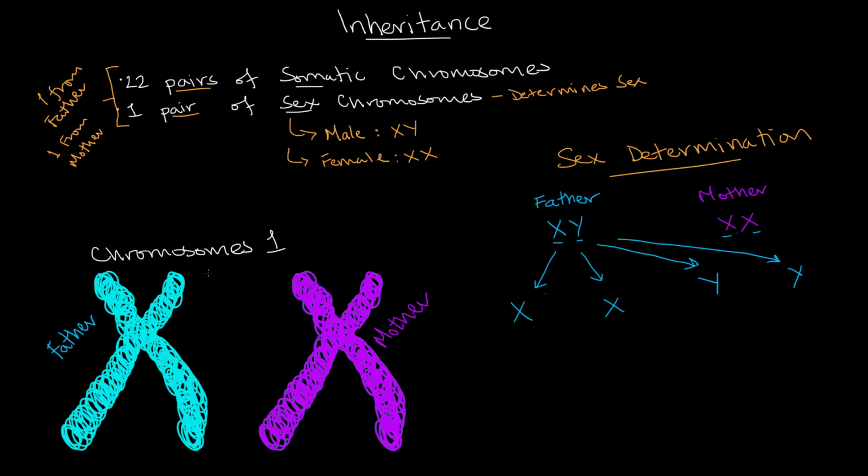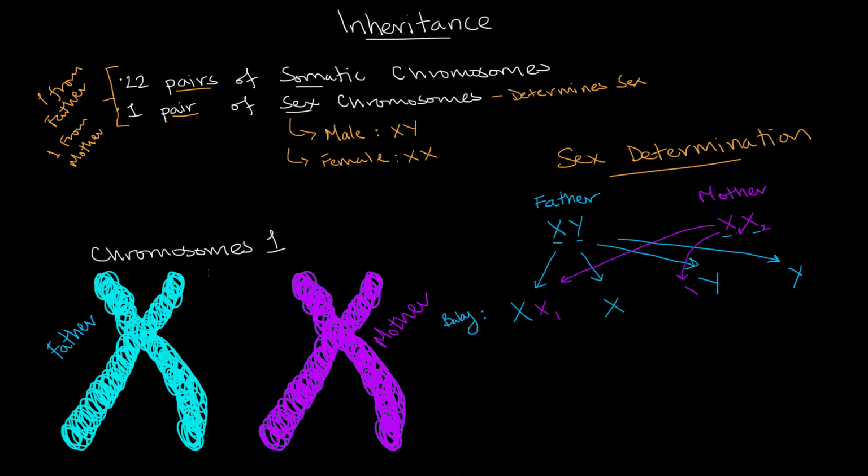Okay, so these are the possible chromosome combinations to the baby. So this is the baby. Okay, so the mother, and for simplicity, we'll say this is X1 and this one over here is X2. So the mother can give X1 to the baby.